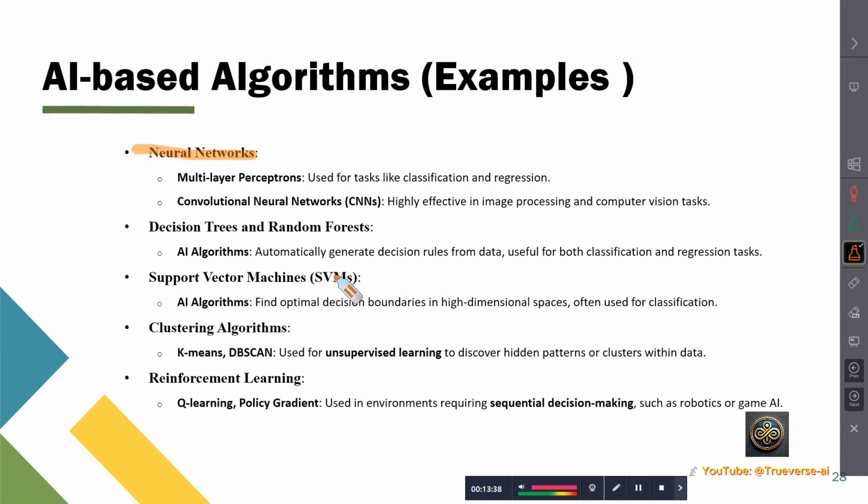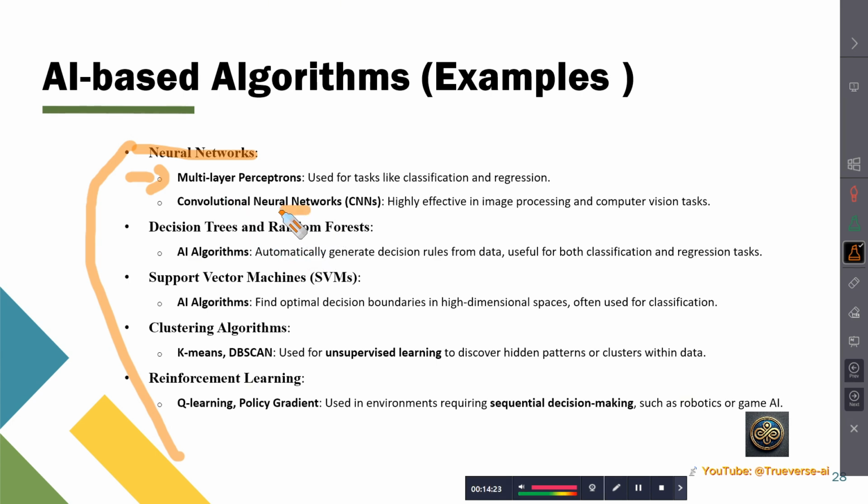So for examples of AI-based algorithms: neural network, decision tree, random forest, SVM, clustering algorithm, reinforcement learning. We will touch on them more later, and we will do hands-on practice with these concepts. For instance, multi-layer networks are used for tasks like classification and regression, where the goal is to assign input to discrete categories or predict a continuous value.